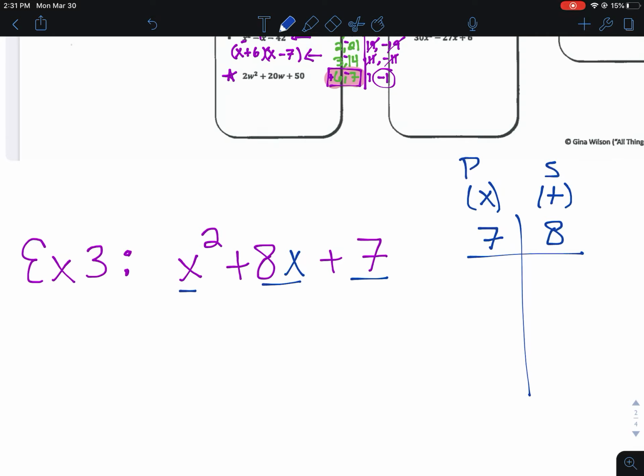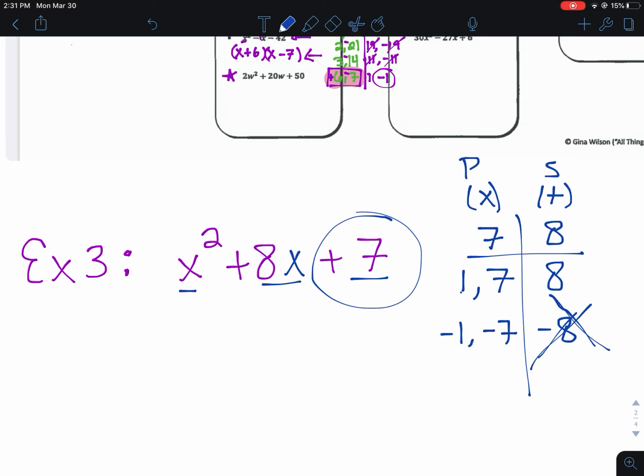Well, we're getting pretty lucky here because the only thing that multiplies to 7 is 1 and 7. And those happen to add up to positive 8. Because my last value is a positive number, I can remember both values are positive or both values could be negative, because -1 times -7 is also 7, but this would give me a sum of -8 instead, which is not what I want.